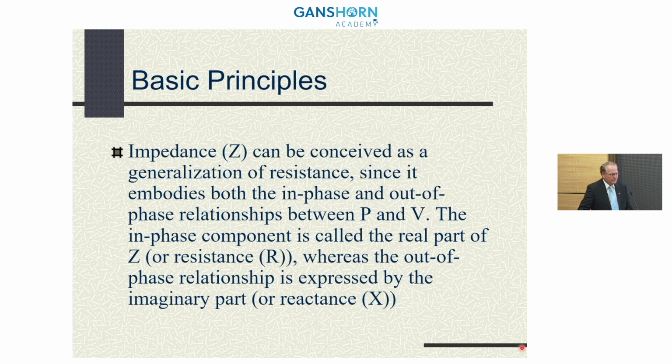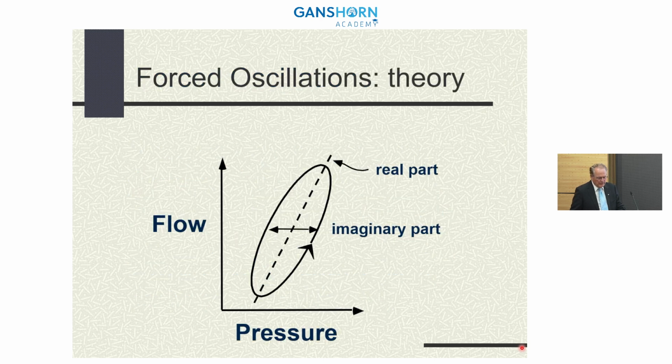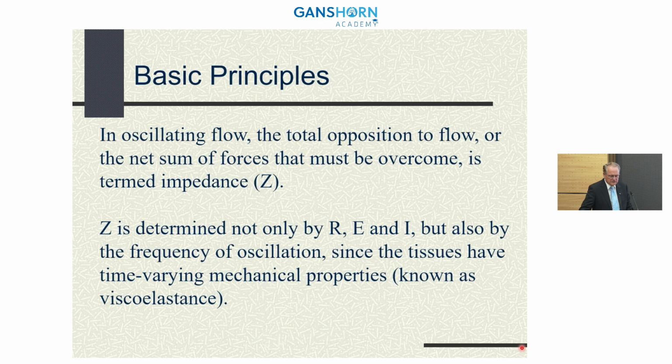And the out-of-phase relationship is expressed as the imaginary part, or the reactance. So we have on the y-axis flow and on the x-axis pressure, and we have the real part of the resistance, and we have the imaginary part of the resistance.